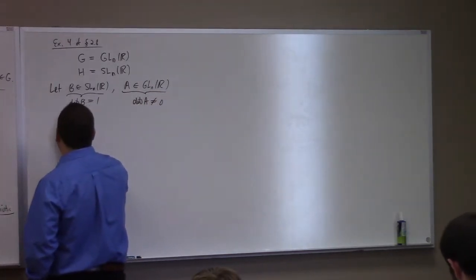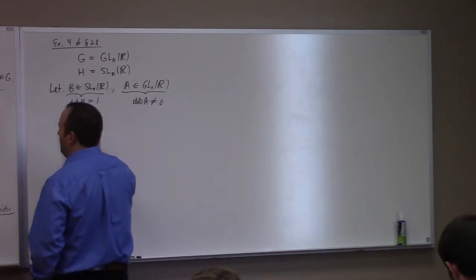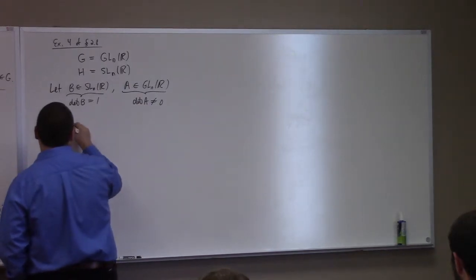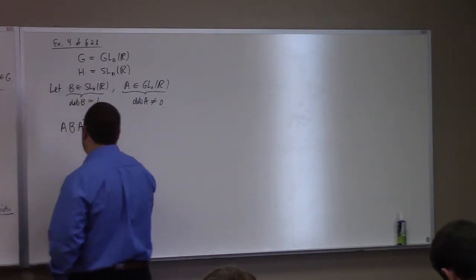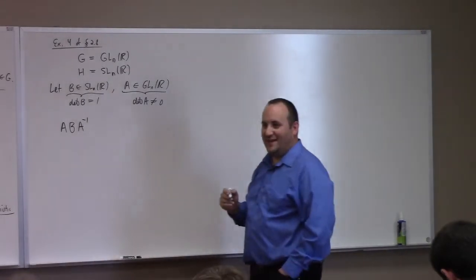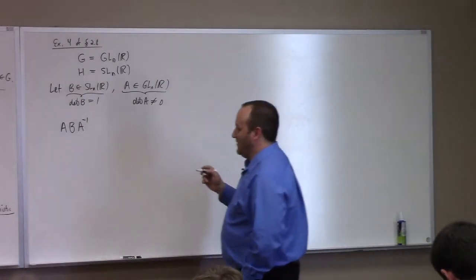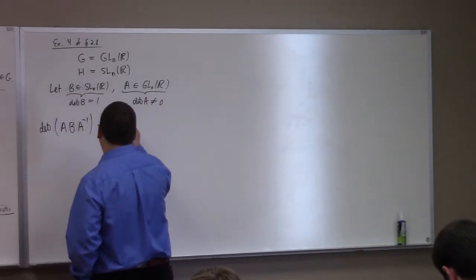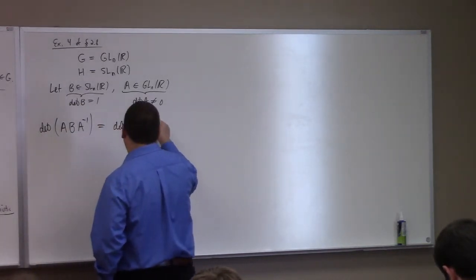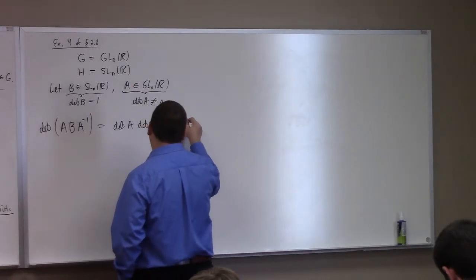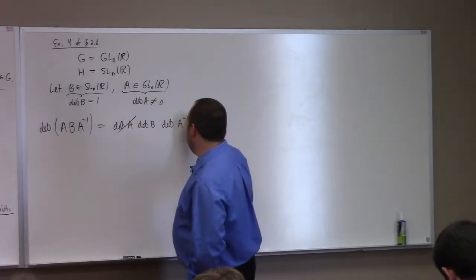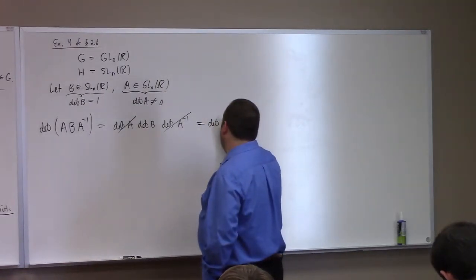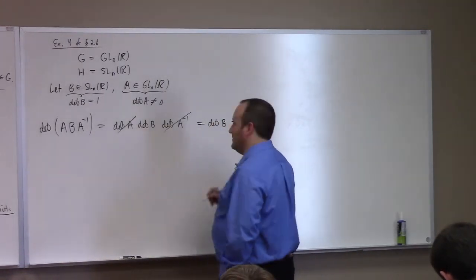If we look at the determinant of A B A inverse, you know how it goes. Determinant A, determinant B, determinant of A inverse, but by linear algebra, A and A inverse cancel, and we're just left with the determinant of B, which is 1.